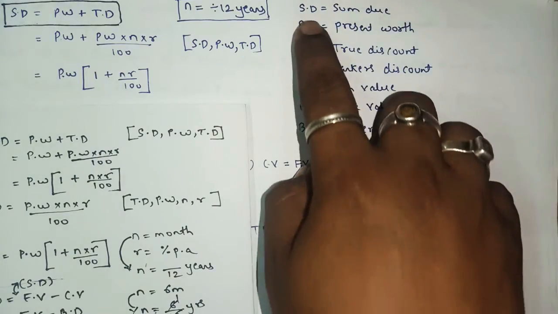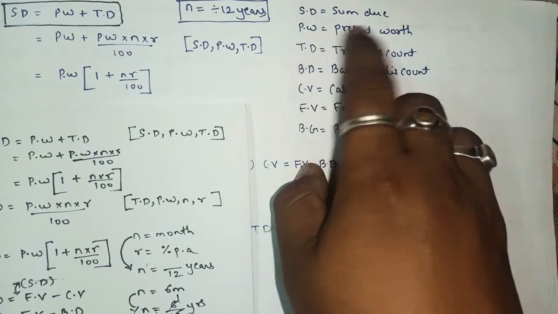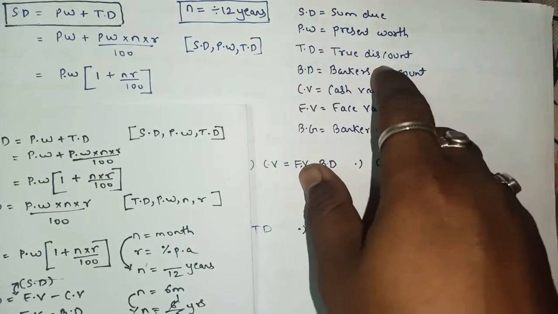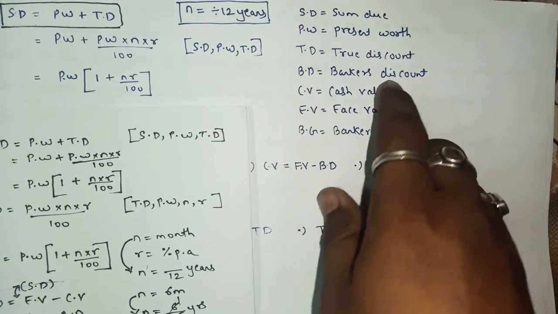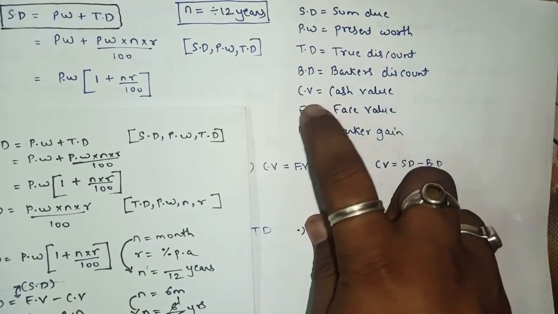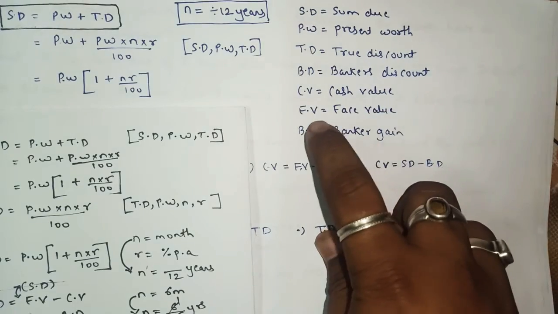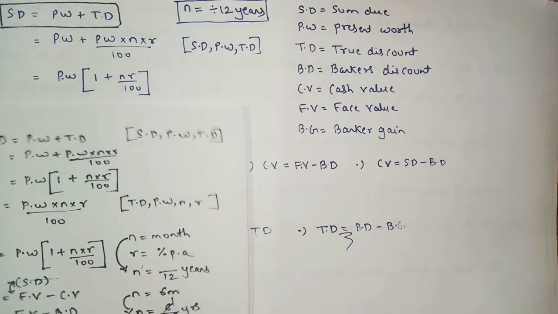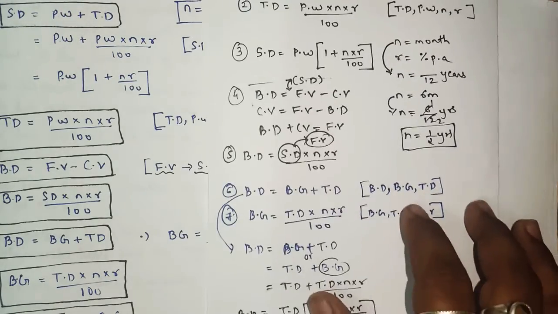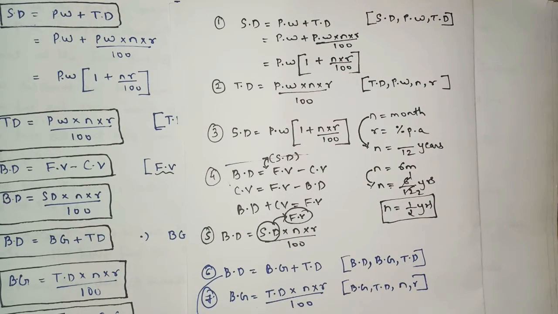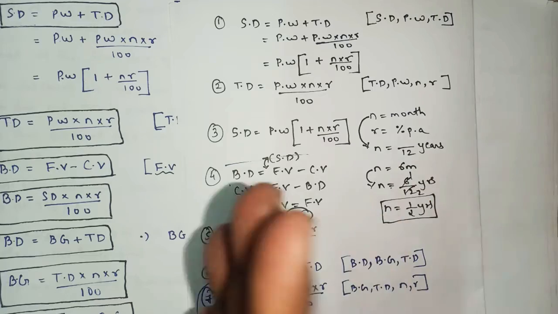Once again we'll see: SD is sum due, PW is present worth, TD is true discount, BD is banker's discount, CW is cash value, FV is face value, BG is banker's gain. These are the 7 to 8 formulas which we have to apply for the first 7 to 8 sums.